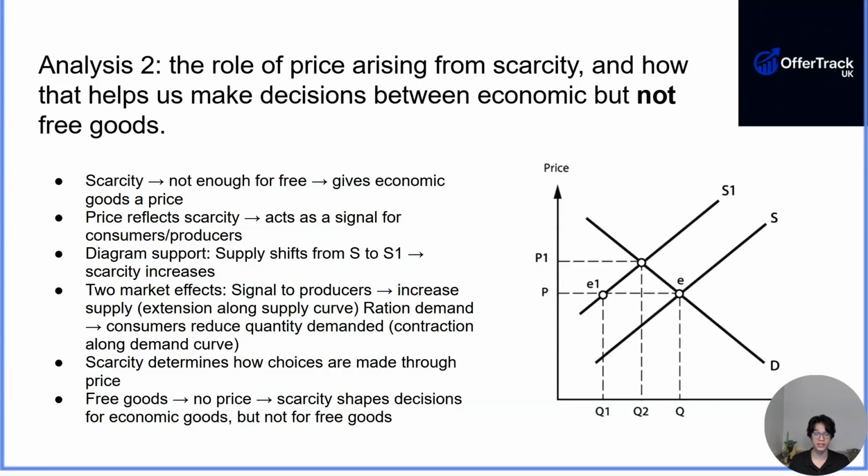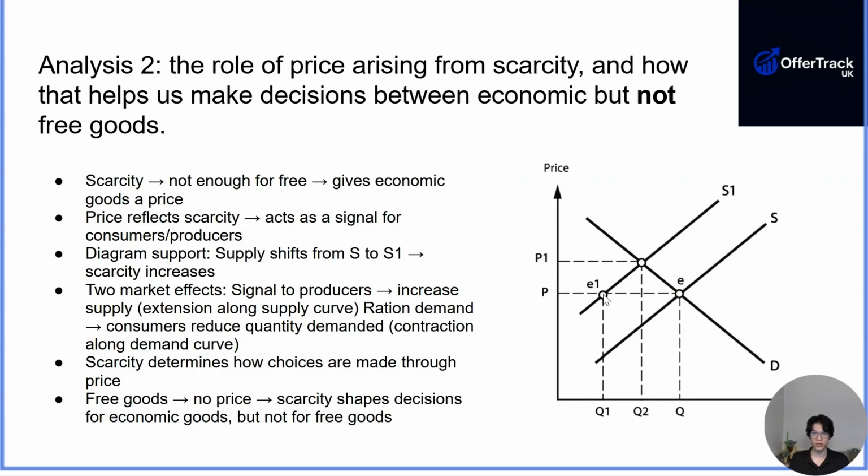Let's bring in a demand and supply diagram here to hit the top of AO2 and AO3, which are application and analysis. So as you can see here, there's been a shift left in supply from S to S1 due to increasing scarcity. At price P here, there is excess demand.